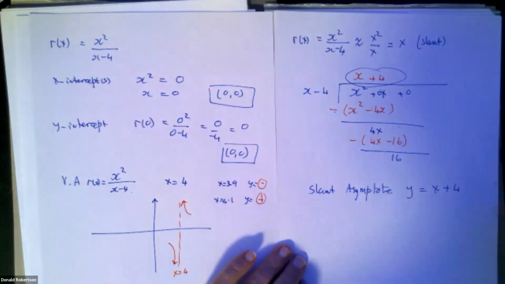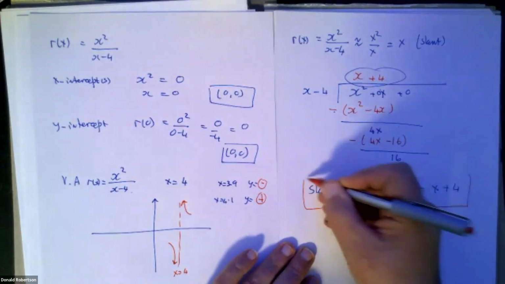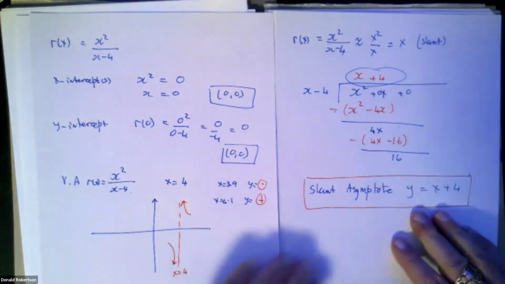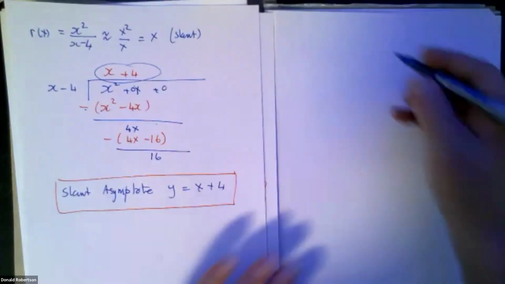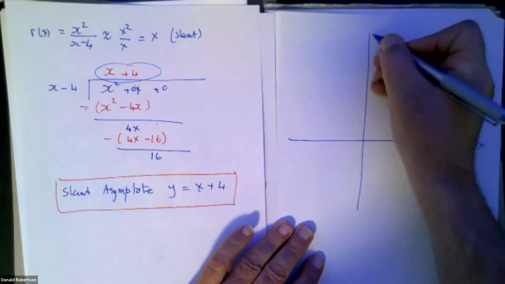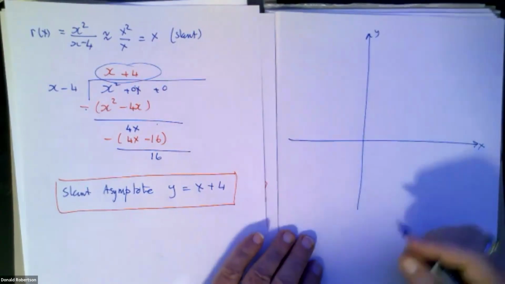So we have a vertical asymptote, a slant asymptote, and a few other details. Let's put them all onto one picture.